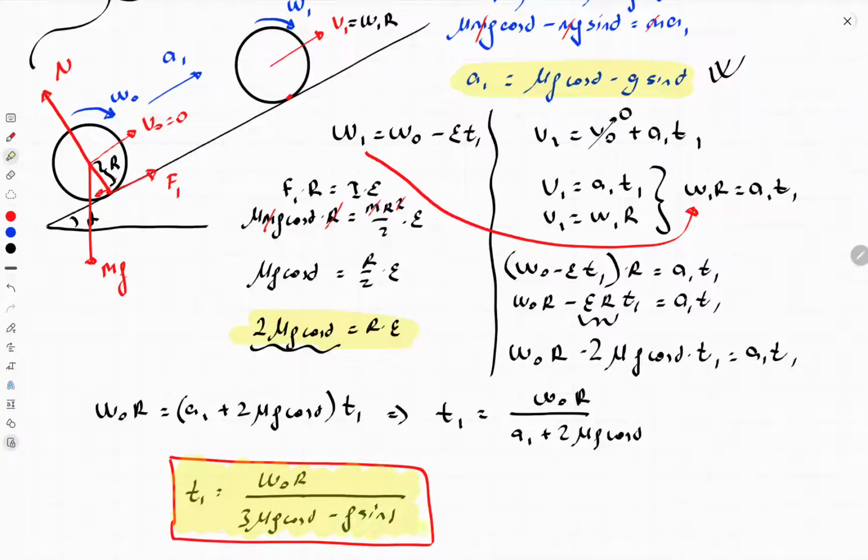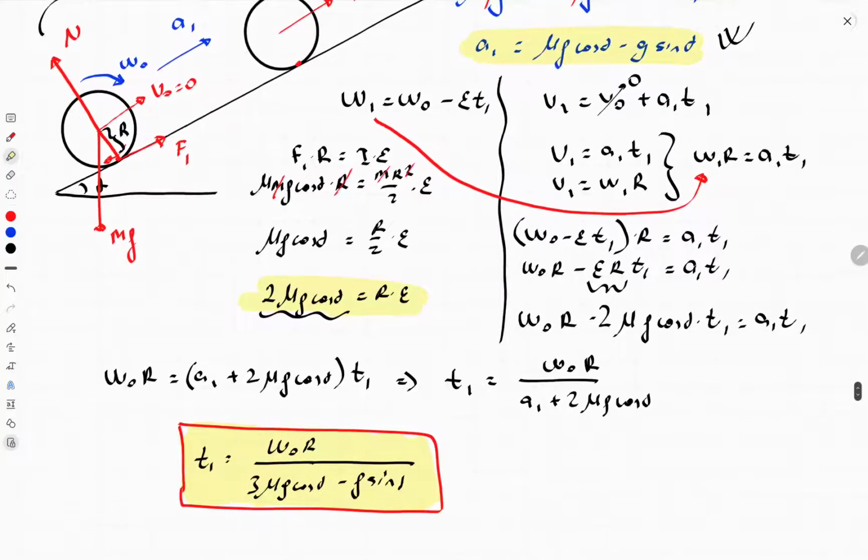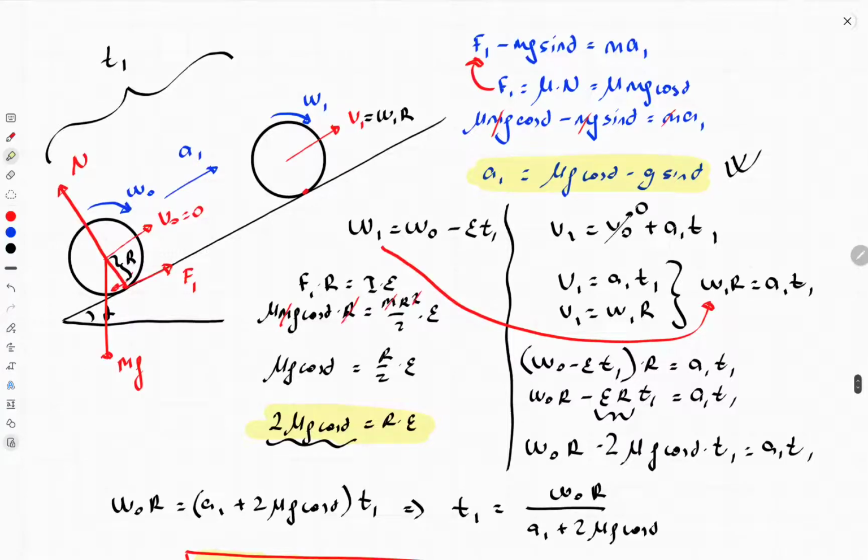Further, it will move without slipping, without sliding. Now, this is T1. After this time, we have a rotating cylinder, but without sliding, slipping process. So it's still moving upward, but without slipping.